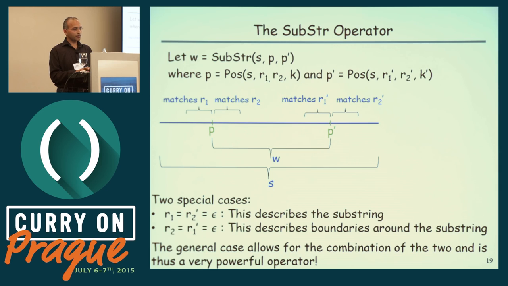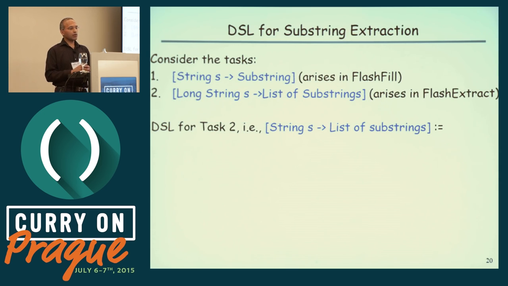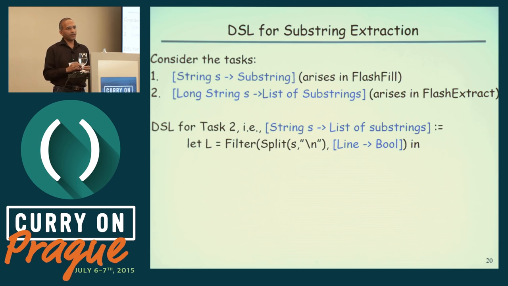Now let's take a look at the domain-specific language that we use for the second task, which arises in Flash Extract, where we don't want to extract one substring, we want to actually extract a list of substrings. So a common abstraction, in the case of text files at least, is to split the file by lines and then select some set of lines using a filter operator.